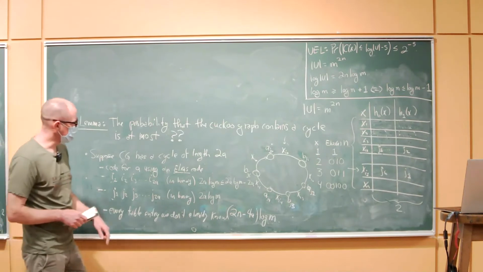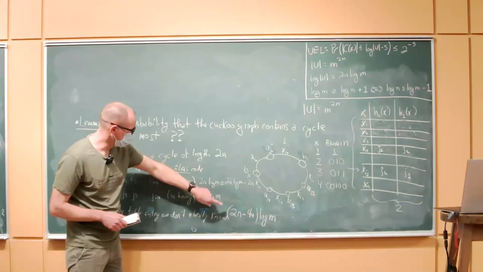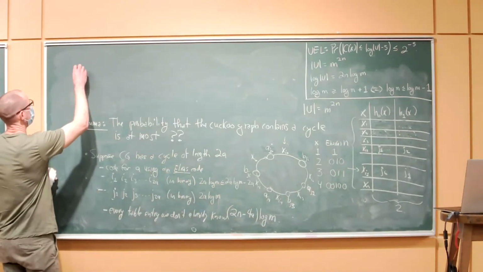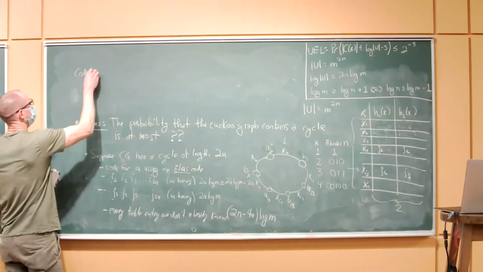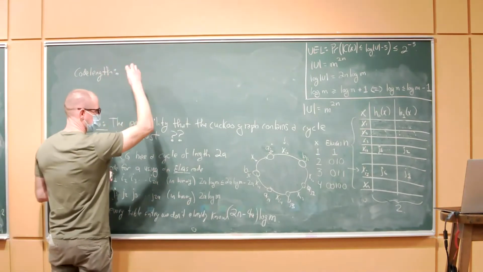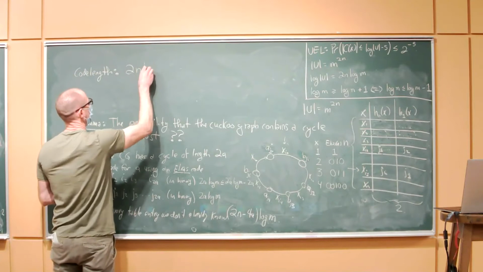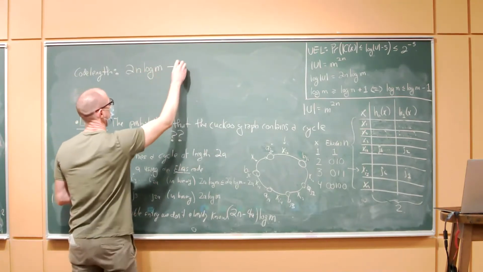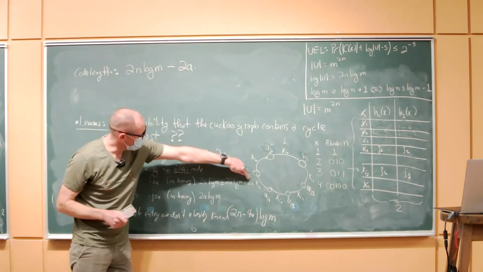So if I add all of this up, then this plus this plus this, then I get 2n log m minus 2a. The minus 2a comes from here.